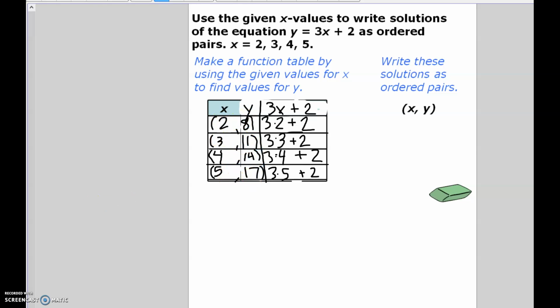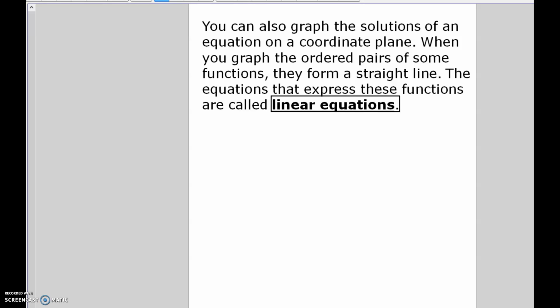Okay, so next, you can also graph these, like I said, and when you graph them, sometimes they make a straight line. The one that we just did is going to make a straight line. When a line is graphed and we plot the points and they're in order that makes a line, that's called a linear equation. The root word is line, linear.